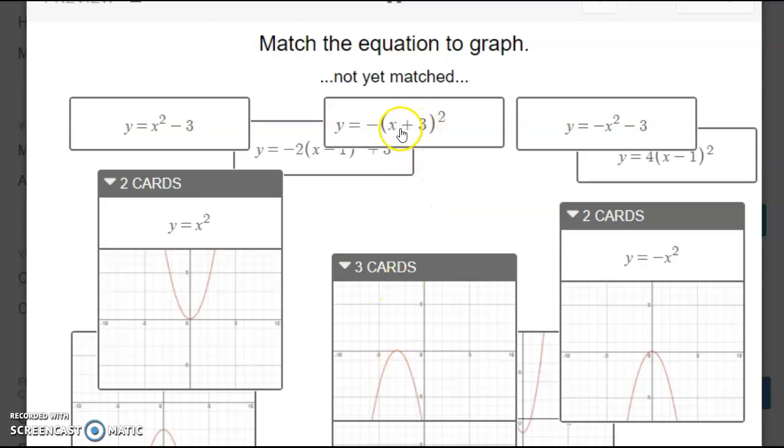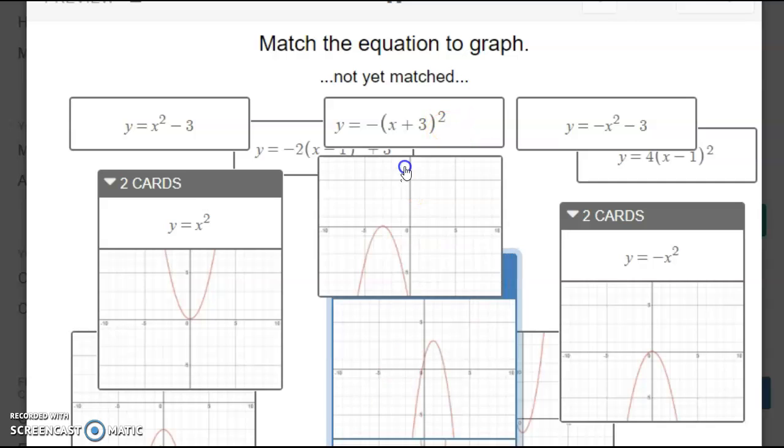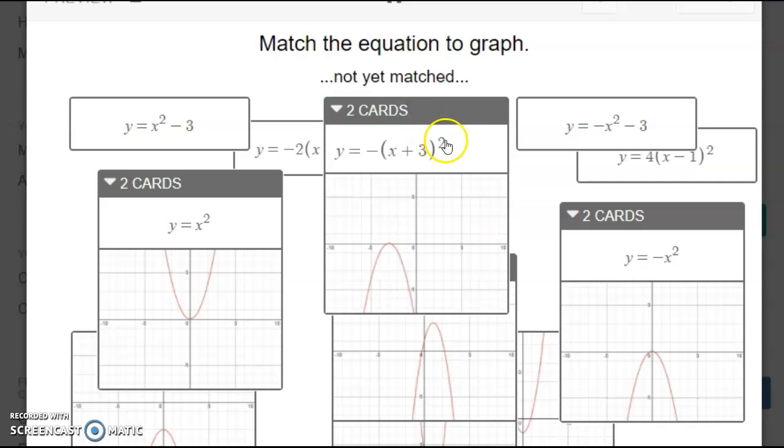The h value is going to be -3, so it's going to be x minus -3, which is x plus 3, and it is opening down. The y-coordinate of the vertex is also 0, so that's plus 0. This matches with this equation.